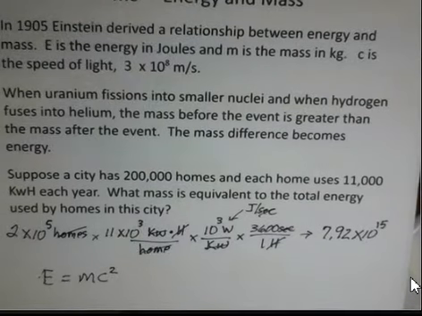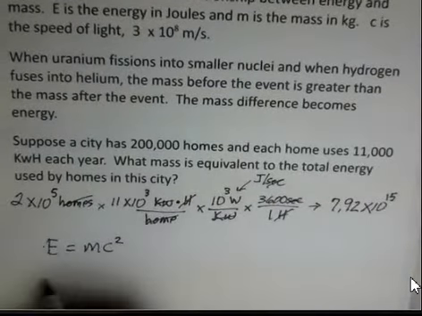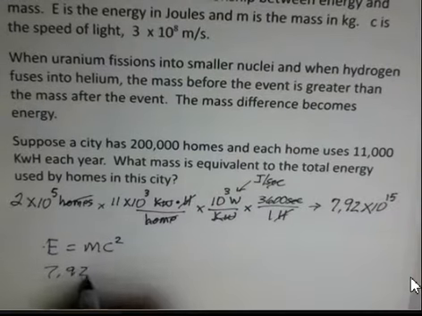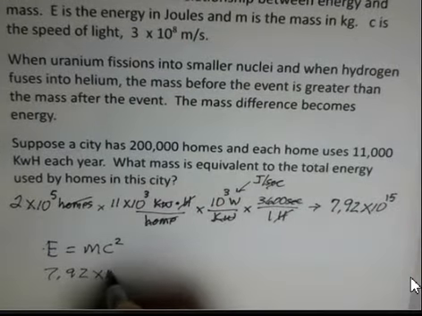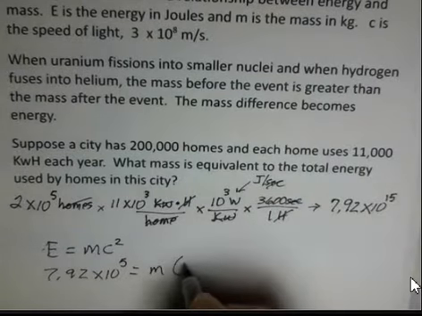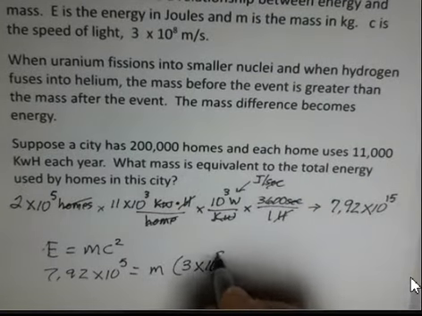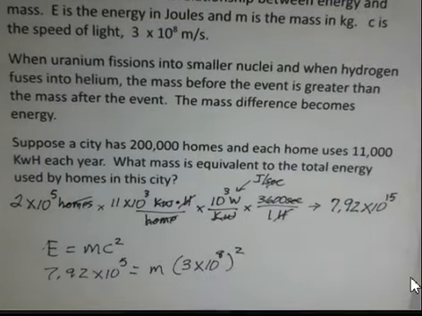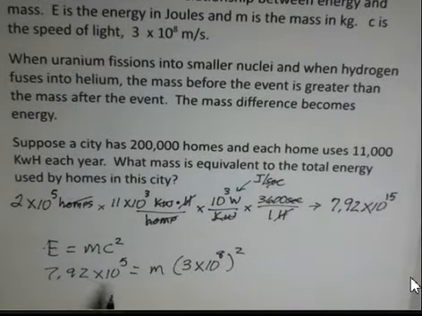So we have the number for the energy, 7.92 times 10 to the 15th equals the mass, and then 3 times 10 to the 8th, and that has to be squared. Again, you should work this out in your calculator. If you're not familiar with powers of 10 notation, do a search for my video, Powers of 10, put Clements in the search, and you'll see some examples of power of 10 calculation.